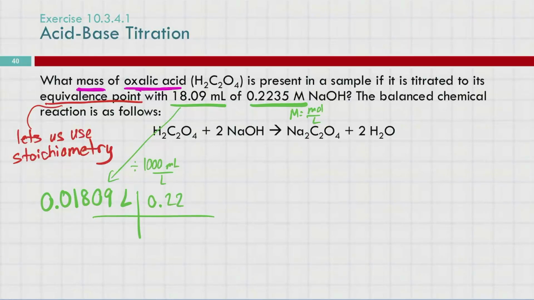Multiply by 0.2235 moles over liters. The liters cancel. So this gives us the moles of H2C2O4, oxalic acid.